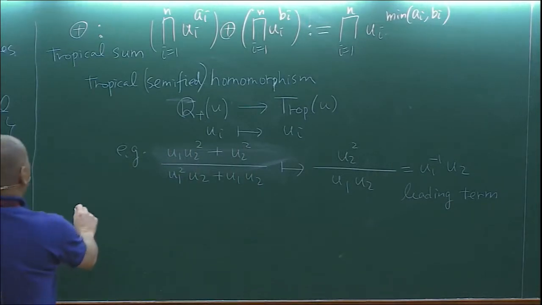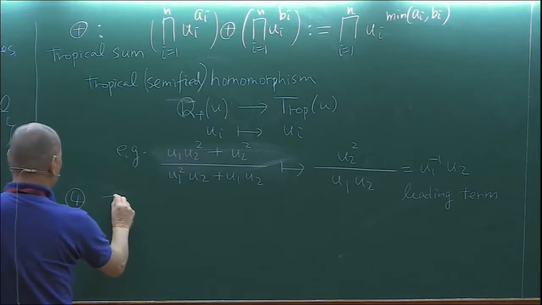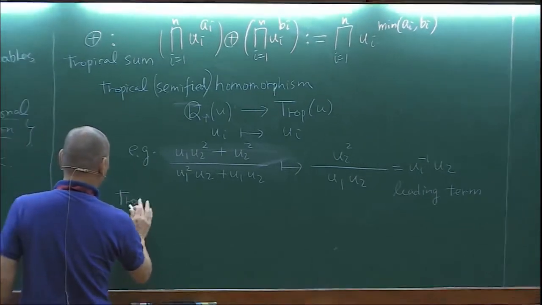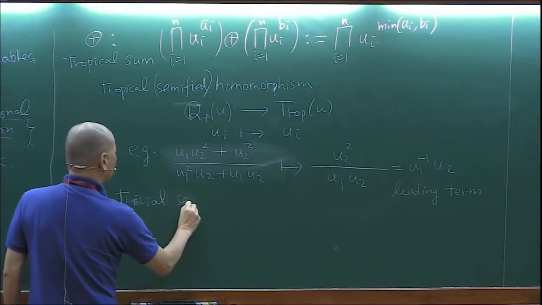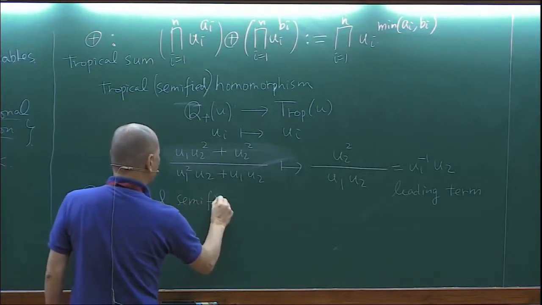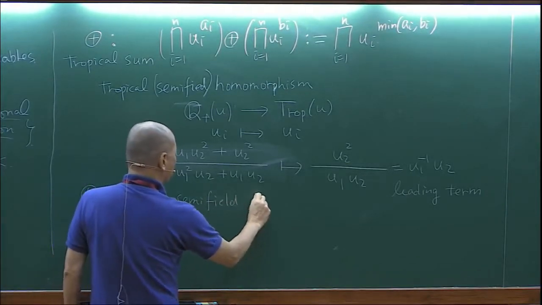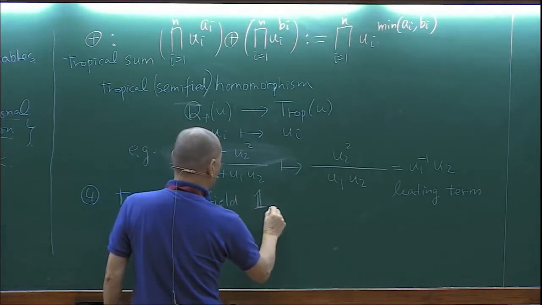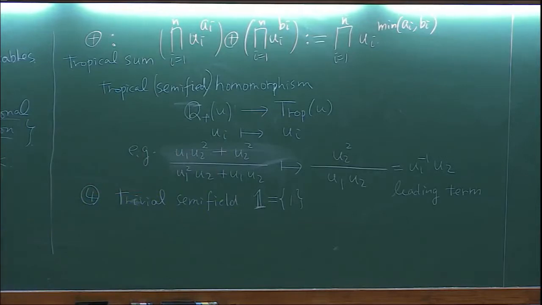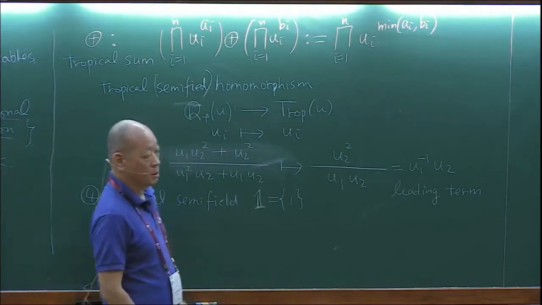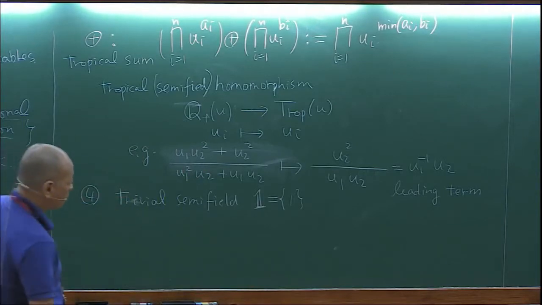And one other thing which is useful is a trivial semifield. Say, there's no standard notation, but I like this. So it should be an abelian multiplicative group, so it should include one. So this is a trivial abelian multiplicative group.